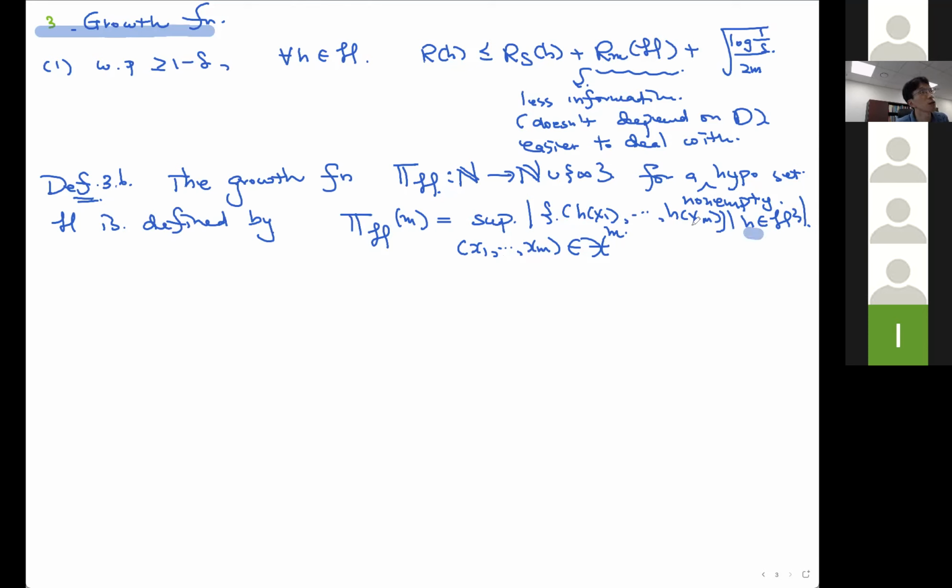Because there are m inputs, it will produce an m-dimensional vector. And then we just collect how many different m-dimensional vectors we can have.